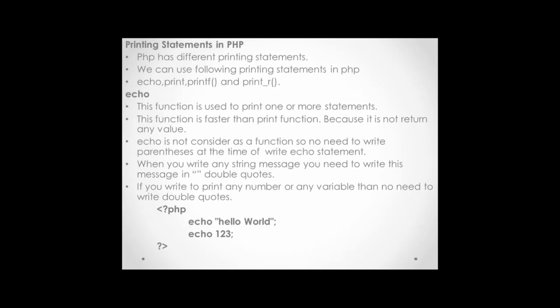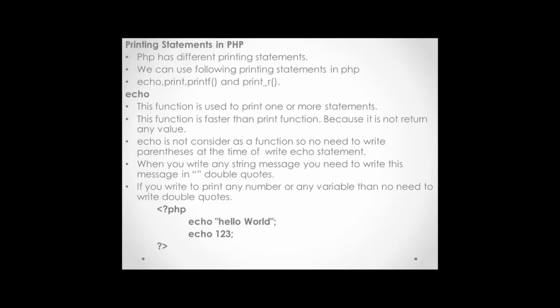PHP has different types of printing statements, basically used to print string messages, variable values or numbers on your browser screen. We can use the following printing statements in PHP: echo, print, printf, and print underscore r.